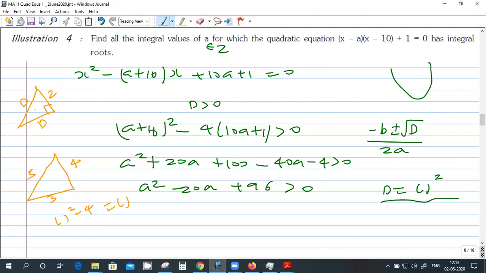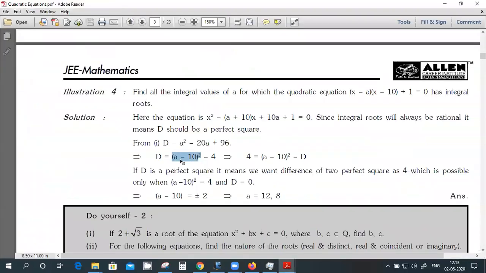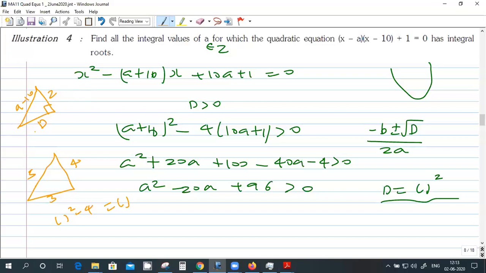This is D and the other one is a minus 10. That's what this is, actually root D. This sort of right angle triangle is not possible.